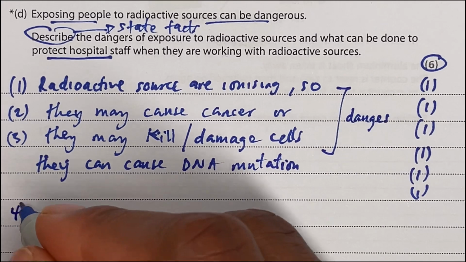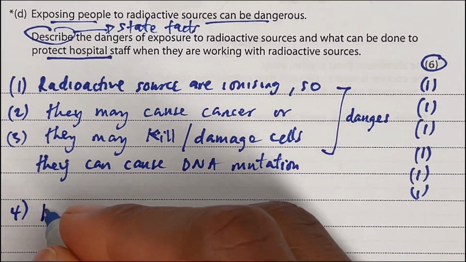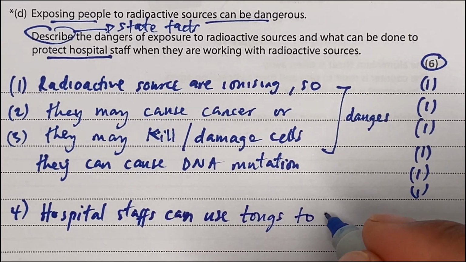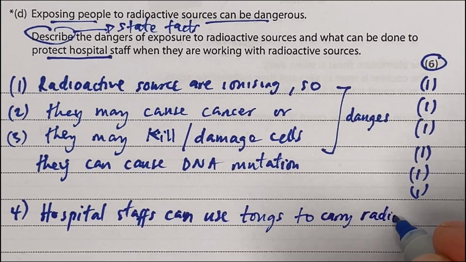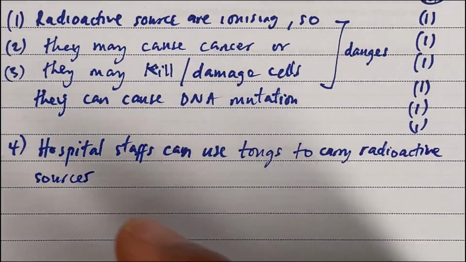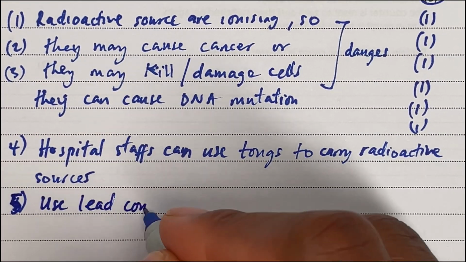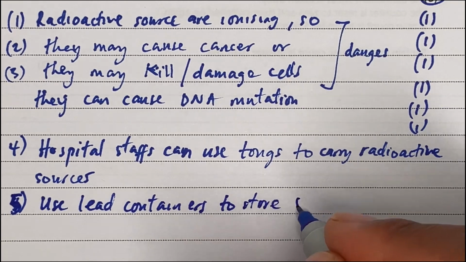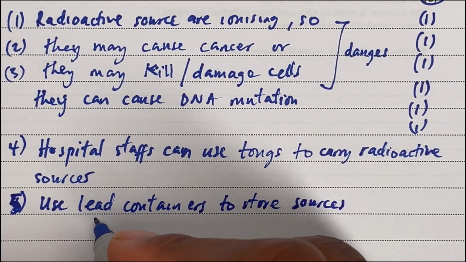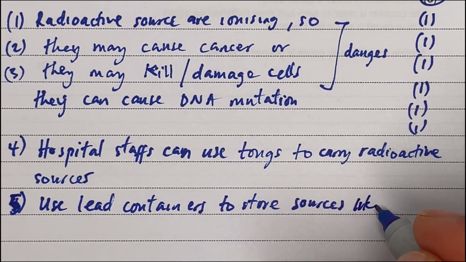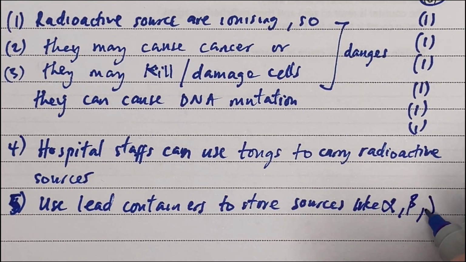Now my protection mechanisms. Hospital staff can use tongs to carry radioactive sources instead of using their bare hands. Another protection mechanism could be to use lead containers to store sources, because lead can stop alpha, beta, and even gamma.